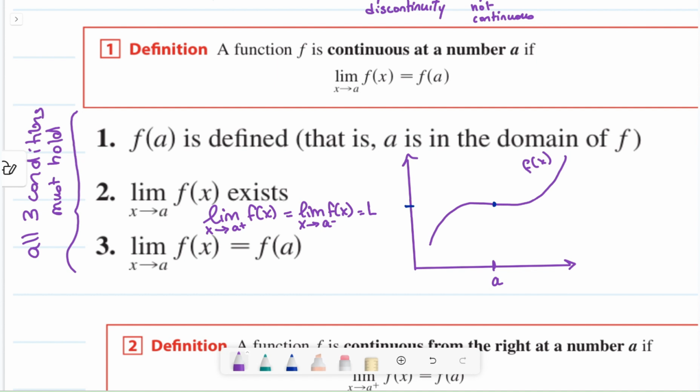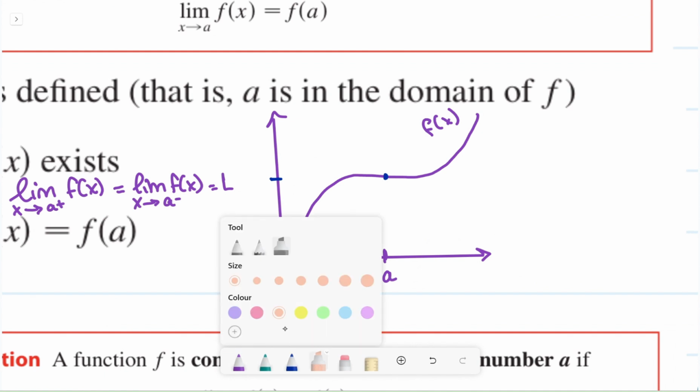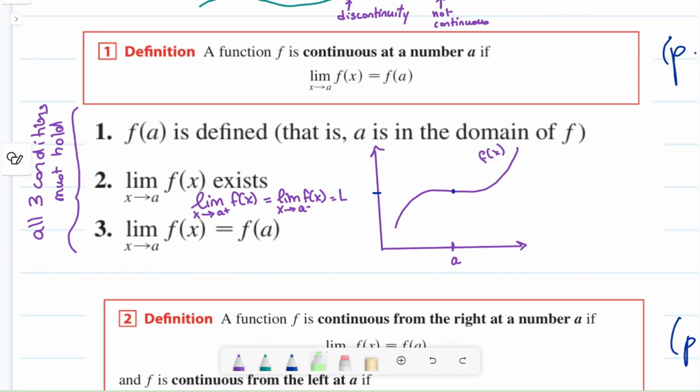Now that's the second condition. So as we can see, as we approach a from the left, and as we approach it from the right, we are reaching the same point. So the limits from both sides are equal.